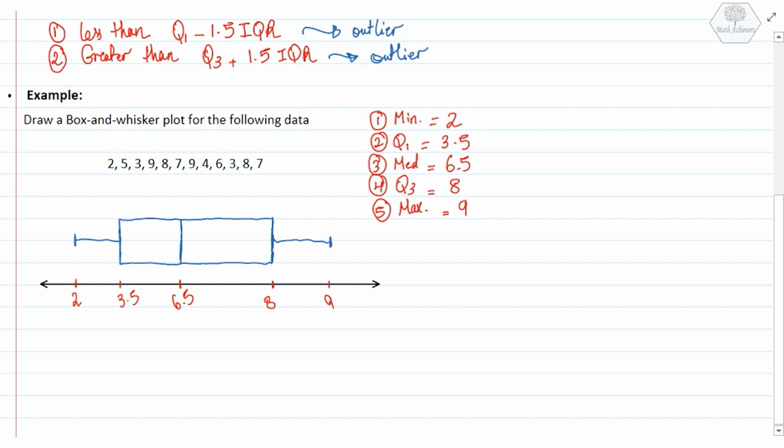And that's great. Now let's just check for outliers. The first check, we have to find the value of Q1 minus 1.5 IQR.